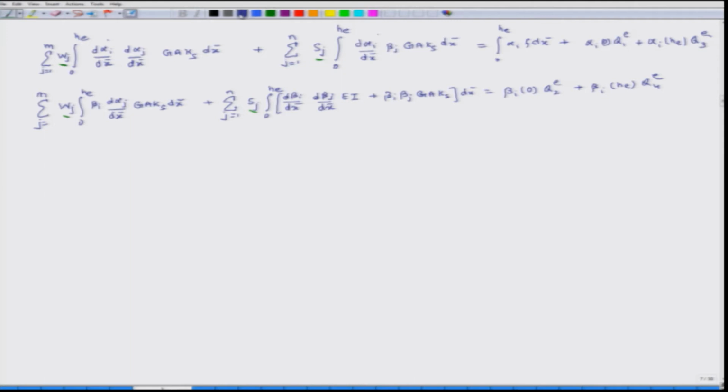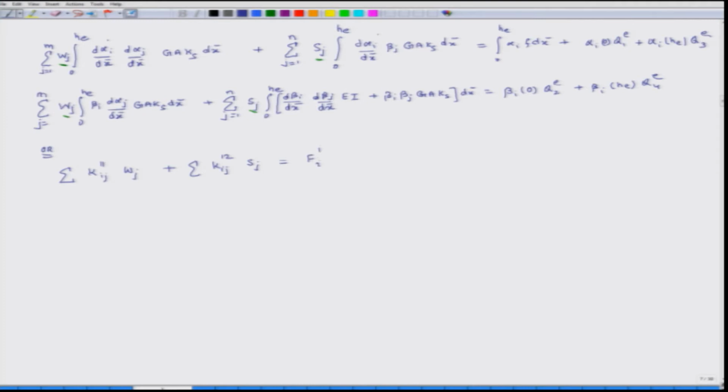So, from here I can compress all this as K I j 1 1 W j plus K I j 1 2 S j equals F I 1.